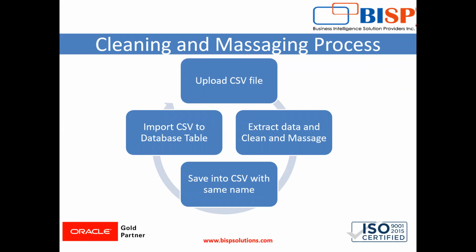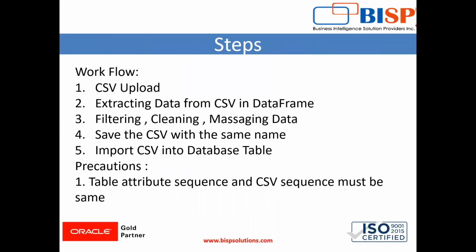First of all, we will upload a CSV file. Then we will extract the data of that CSV in the form of a data frame, then perform some cleaning and massaging techniques, and then save the CSV file with the same name. Now the file is cleaned and massaged. Then import that updated CSV into the database table. See, these are the steps. First, CSV upload.